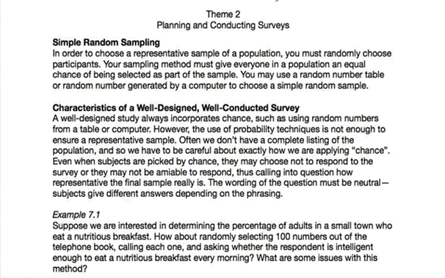It means that you are randomly choosing people to participate in that particular survey. Your sampling method must give everyone in a population an equal chance of being selected as part of the sample. You may use a random number table or a random number generated by a computer to choose a simple random sample.